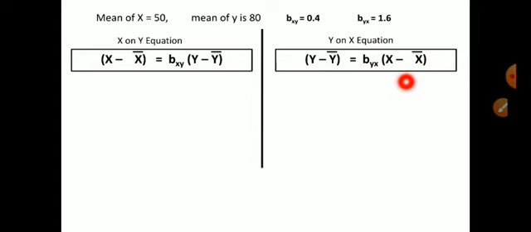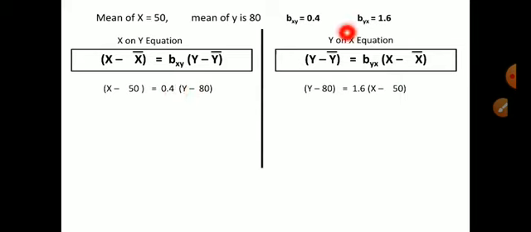We got every value, and we are going to substitute everything now. x minus 50 is equal to 0.4, which we got as bxy, into y minus 80, the y bar value they have given. Similarly, in the y on x equation, y minus 80 is equal to 1.6 into x minus 50, where the x bar value is 50.